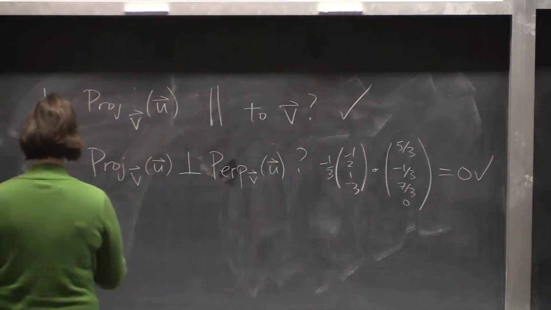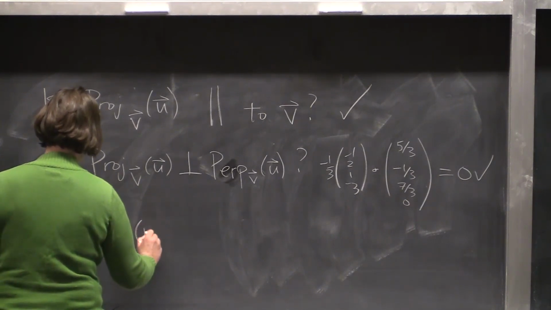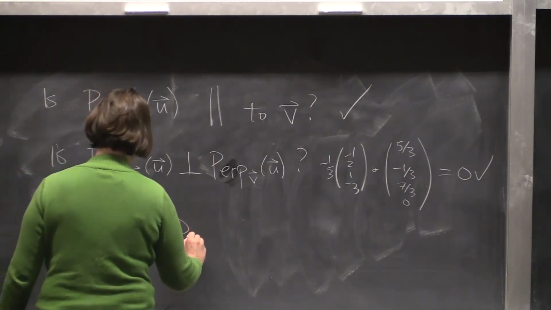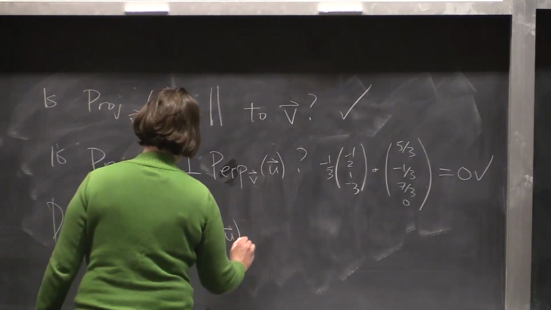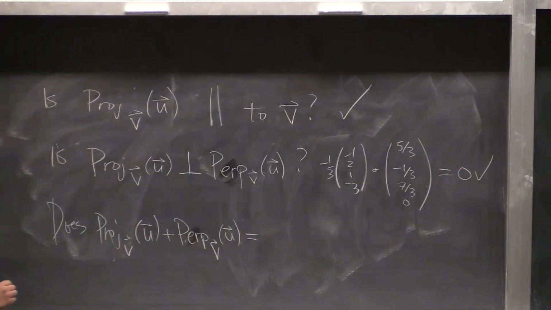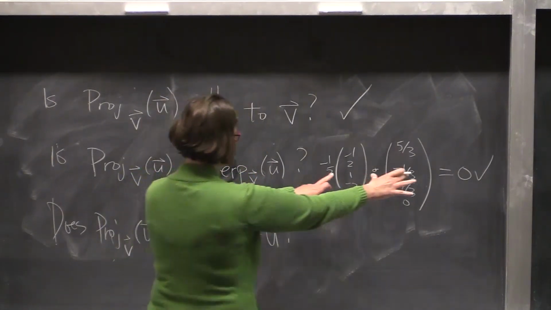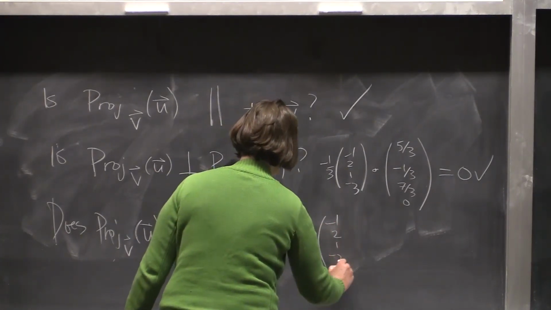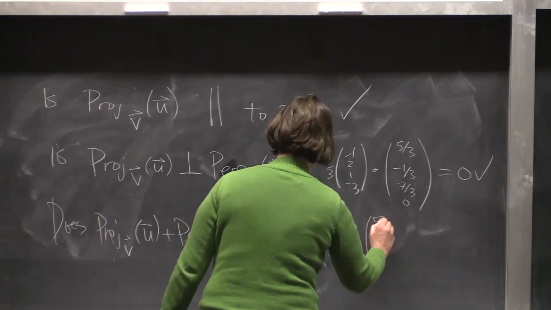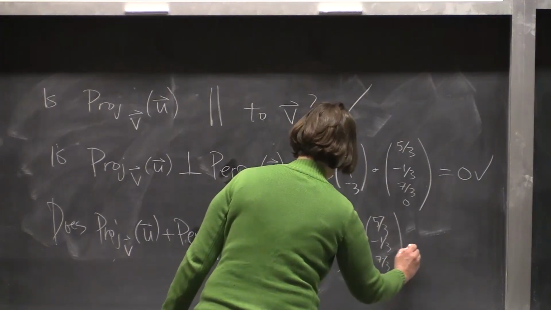And the final check is, does the projection of U onto V plus the projection onto the perpendicular part, if I've done this correctly, what is this sum going to equal? U. So that would be the sum of these things, minus 1/3, minus 1, 2, 1, minus 1/3, plus 5/3, minus 1/3, 7/3, 0.